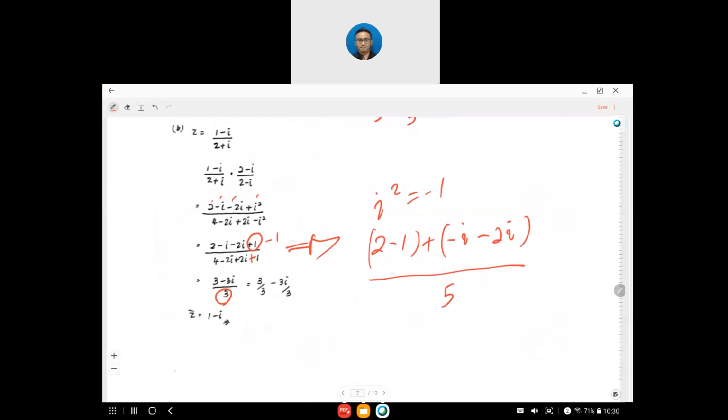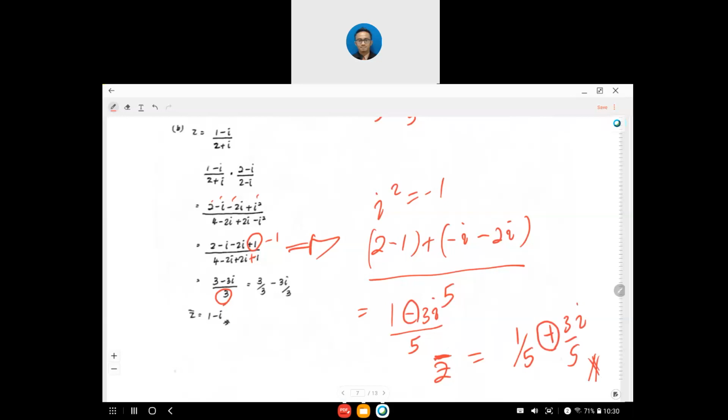So this one you can get 1 minus 3i over 5. But you want to find z bar. So z bar becomes 1 over 5 plus 3i over 5. This one, the sign must change because z bar is the conjugate. So this is the final answer.